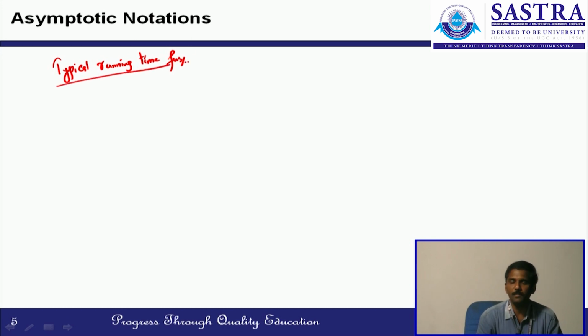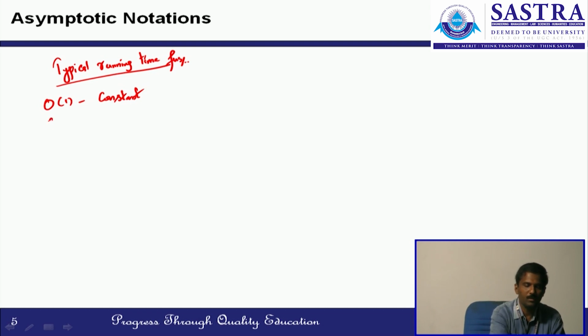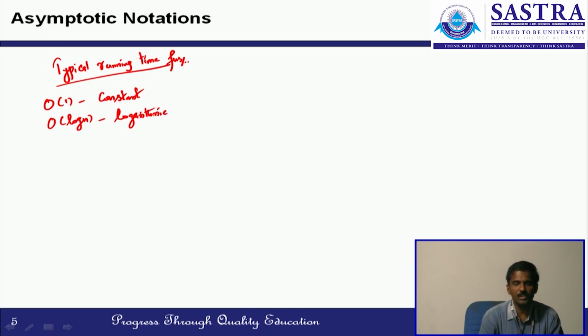Big O of 1, this is a constant running time function. Big O of log n, this is the logarithmic computational function.